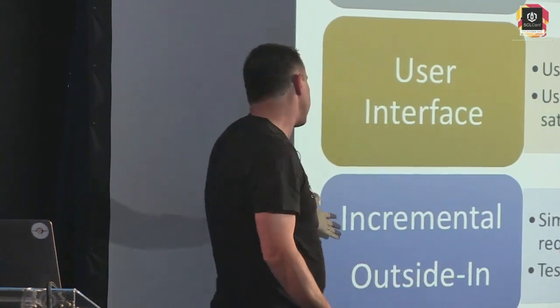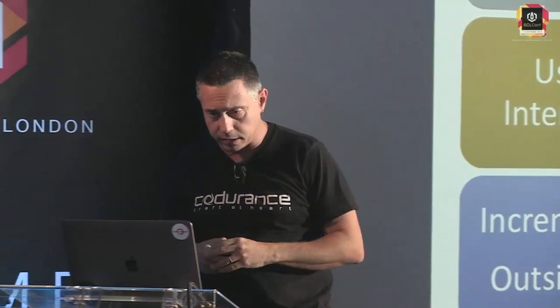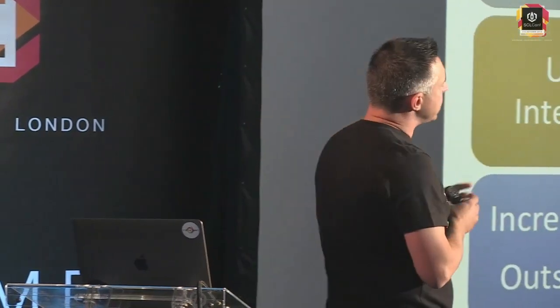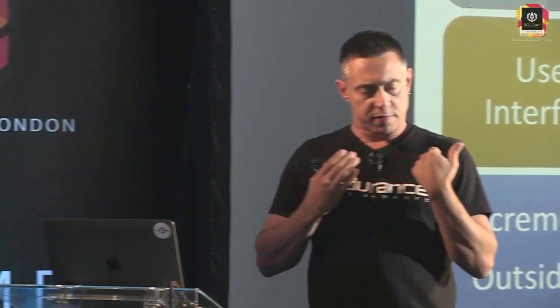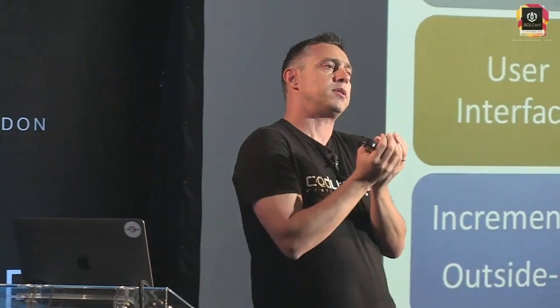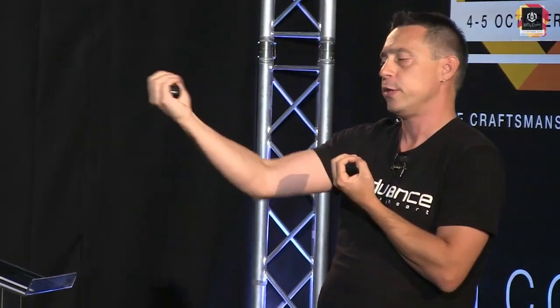There is a style that I like, which I call outside in, and I put incremental just to distinguish it from the other one. It is similar to the UI one, coming from outside. But we first analyze why we are building the system. There is someone outside, an actor, either a real human user or other systems, that wants something from this system.